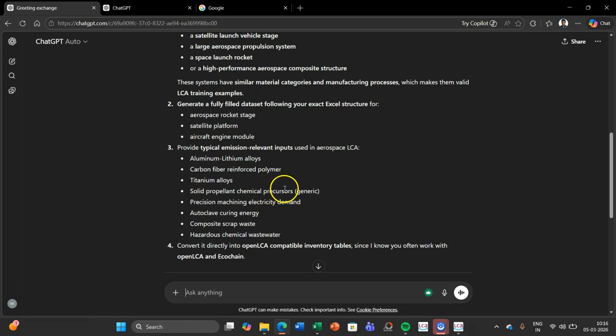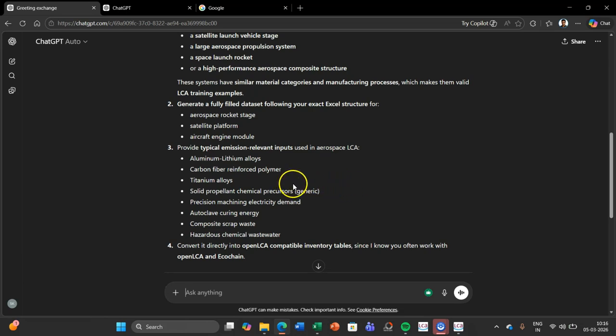So instead of generating the data for a ballistic missile, it is telling that it can provide the data for an air-based vehicle launching system like a rocket or satellite kind of thing, right?